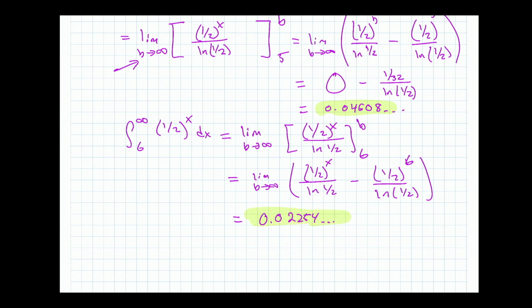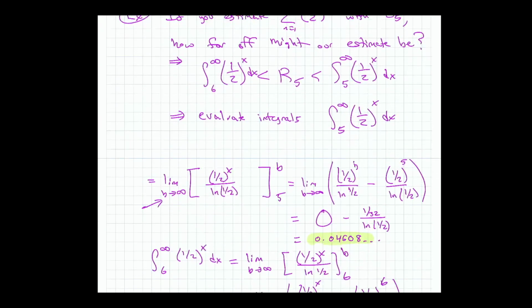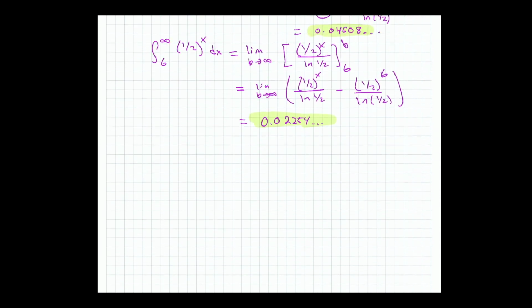Right? So those are my two values. The remainder has to be between those two values. So we know the remainder R5 satisfies: R5 is between 0.04508 and 0.02254.